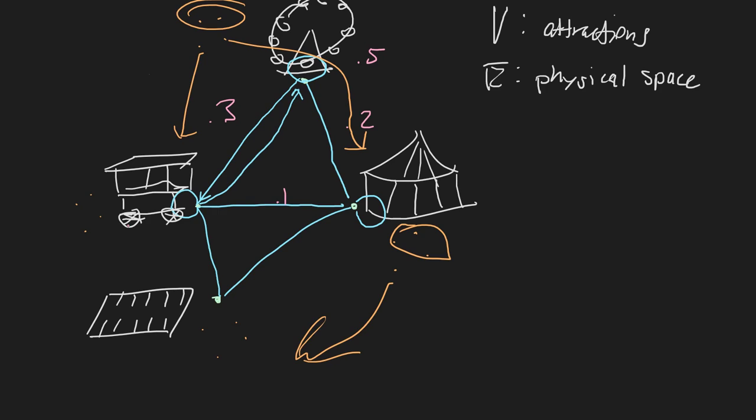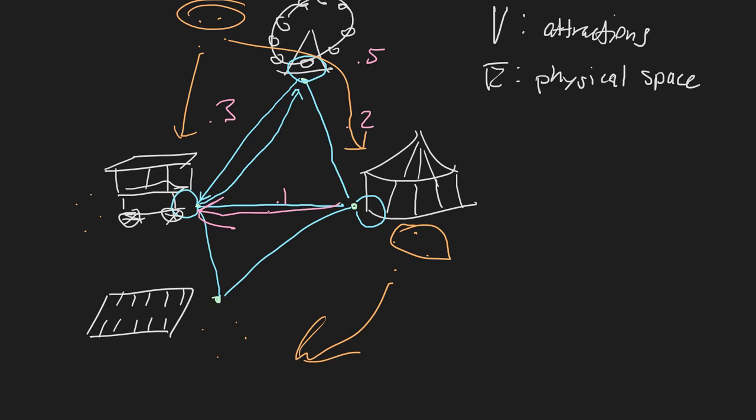But also, one more thing that we have to consider is how popular each of the adjacent attractions are, because if the carnival isn't very popular, then its contribution is going to be even smaller.